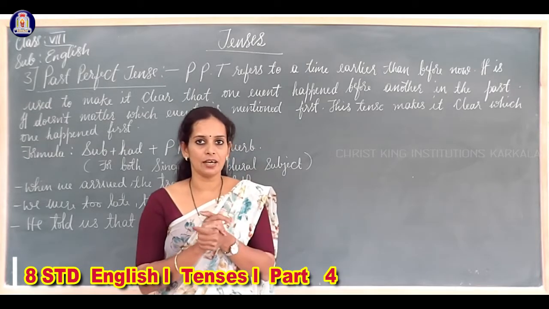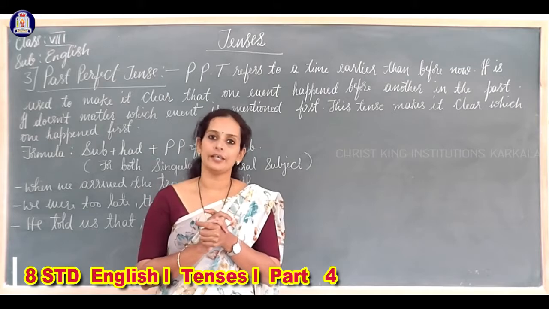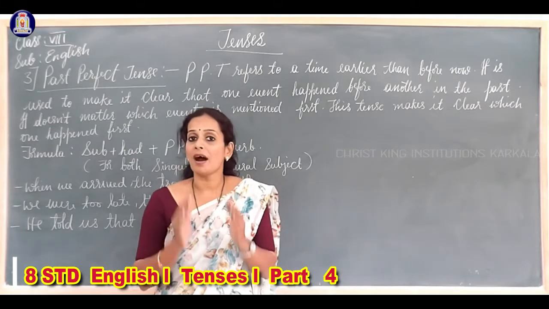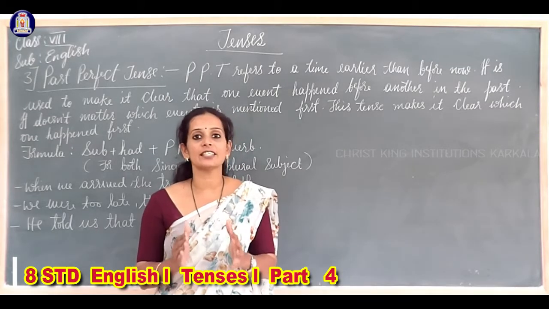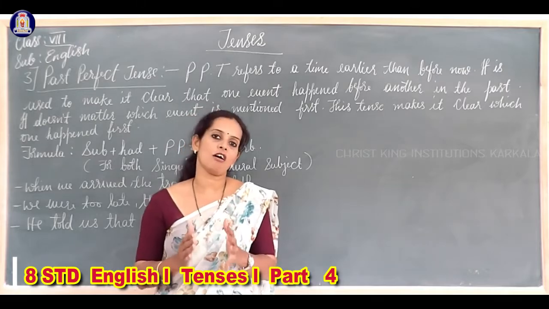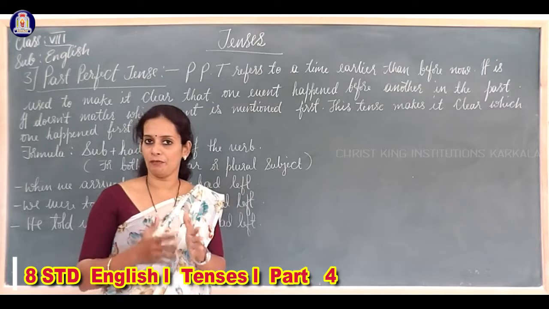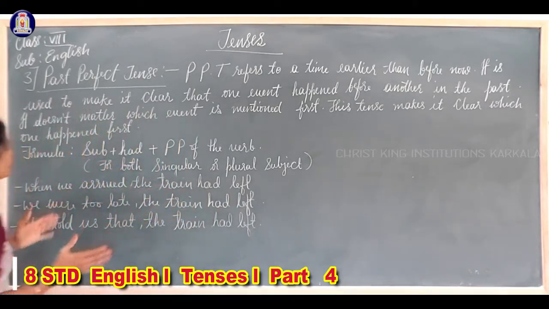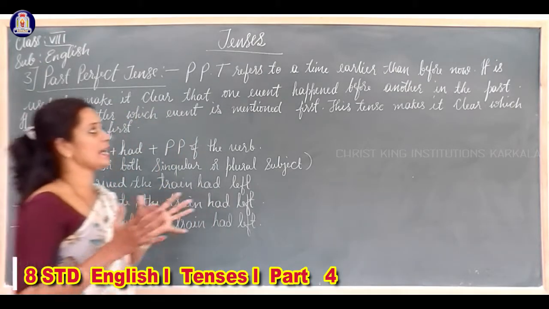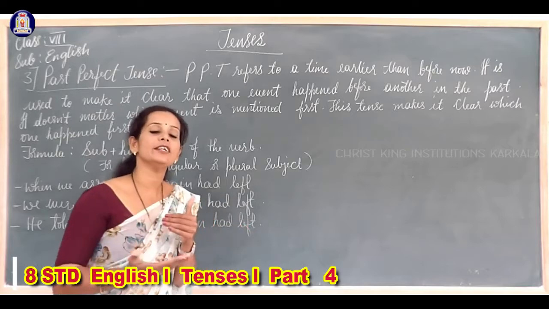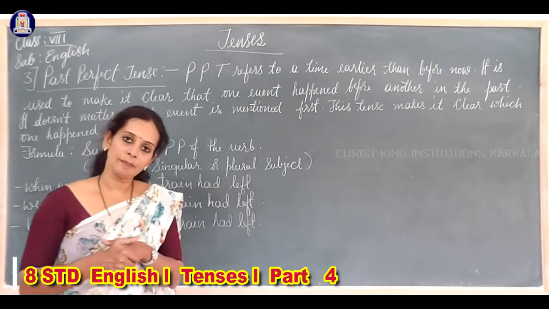The previous action is reported here. So past perfect tense tells us about the completion of an action which happened earlier than before, and it is used to make it clear that one event happened before another event in the past.